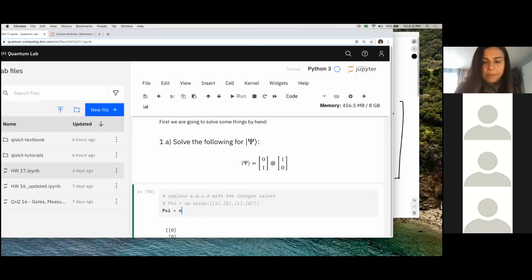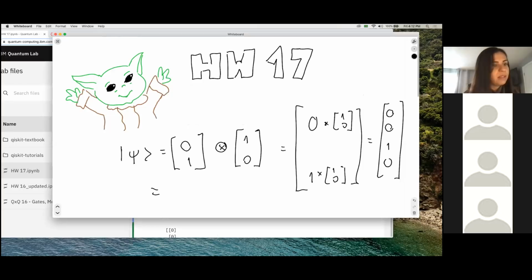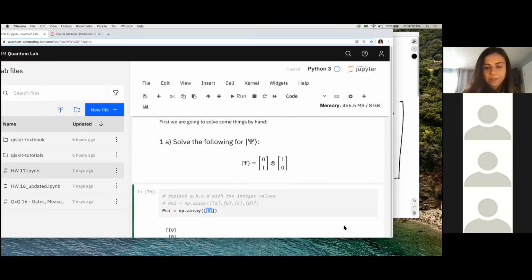It's gonna be NP array, because that's how Python understands our vector. We put square parenthesis and another square parenthesis, and we write each element of this vector in here. That's how Python is gonna read it. The first elements are 0, the third element is gonna be 1, and the last element is gonna be 0.